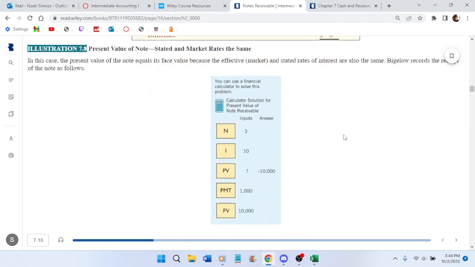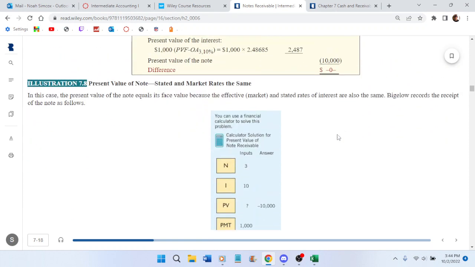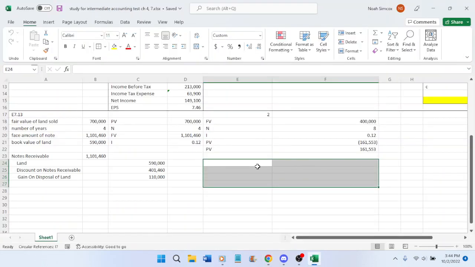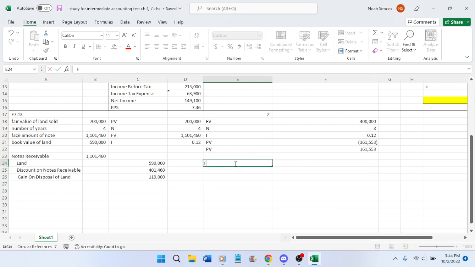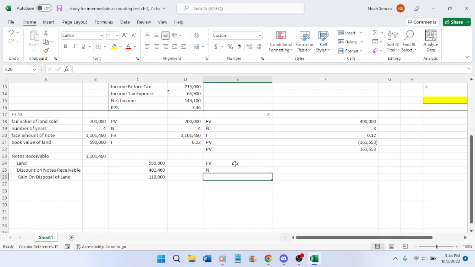Payment 1,000. Maybe that's what we're supposed to do. Instead of doing this whole thing up here, we should do future value, number, payment, interest.